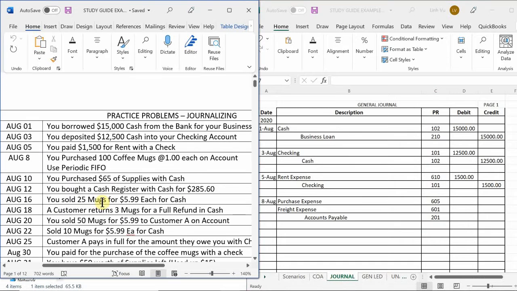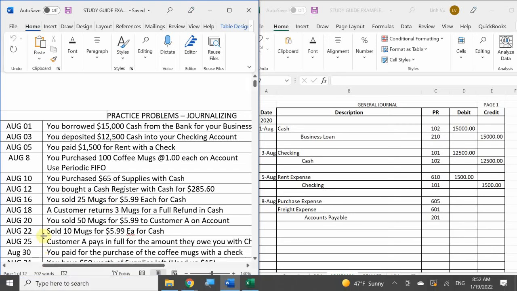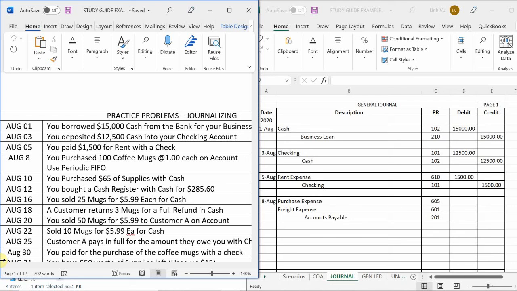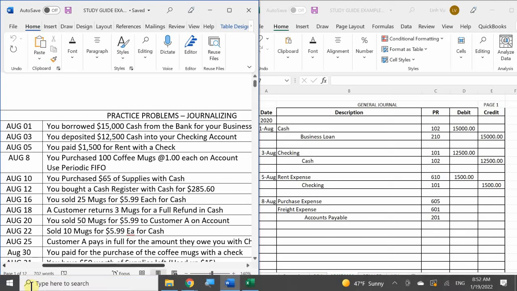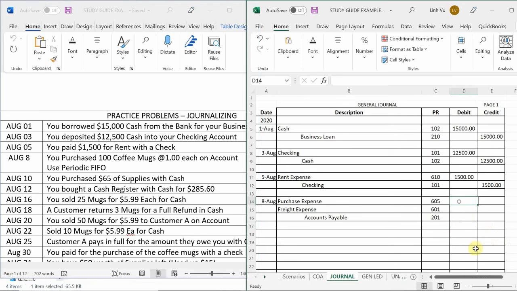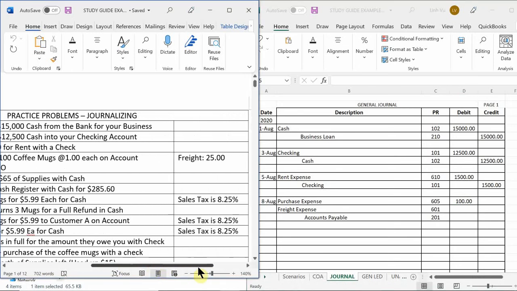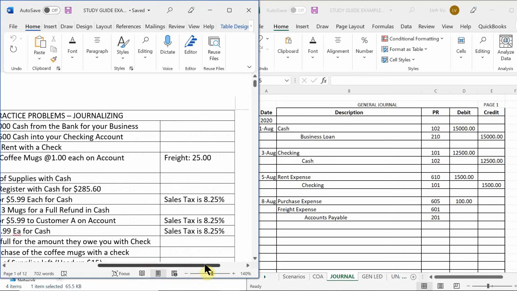So you purchased 100 coffee mugs for $1 each on an account, and freight was 25. So what numbers do I have to plug in? $100 for purchase expense, and what was freight? $25. Oh, 25.